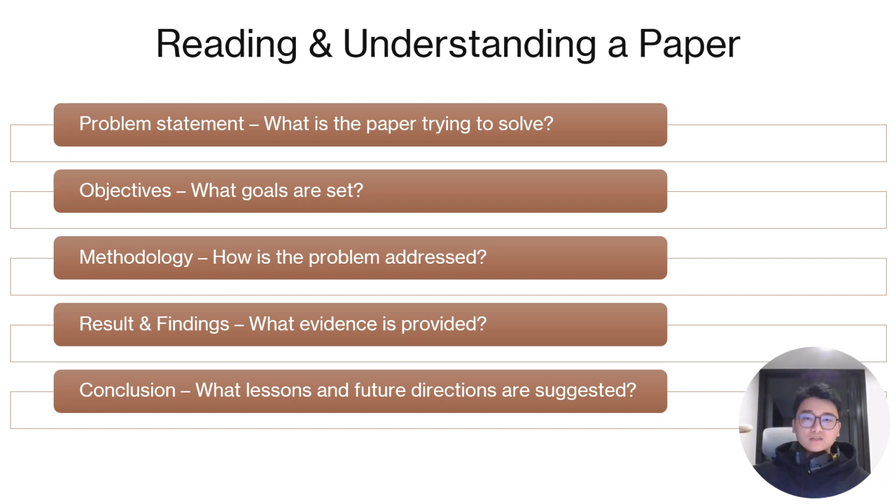In this case, identifying tumors from MRI scans with limited data. Then we look at the objective: what they promise to deliver. Next we focus on the methodology: what models, algorithms, or experiments they use. Then we check the results: what metrics or findings support the claims. Finally we review the conclusion, which often connects the work back to the wider research community.